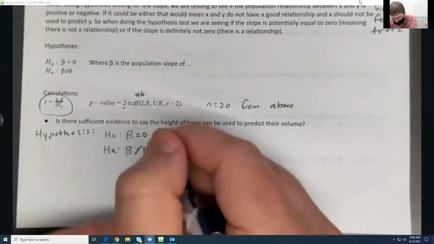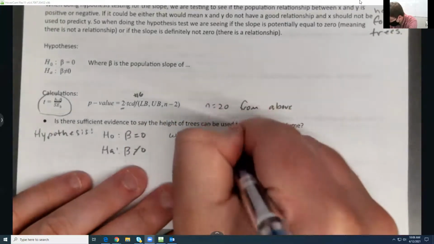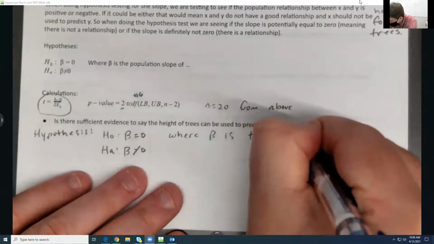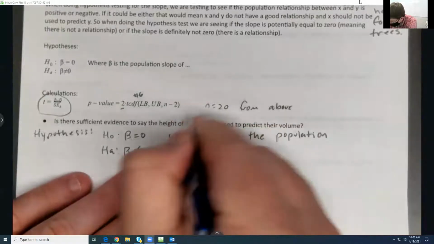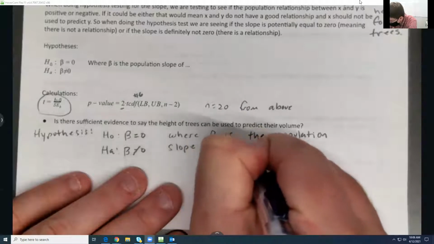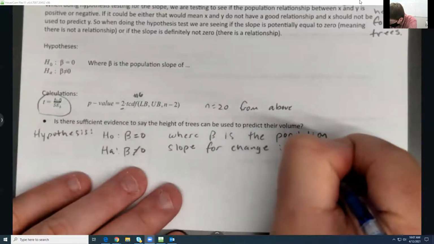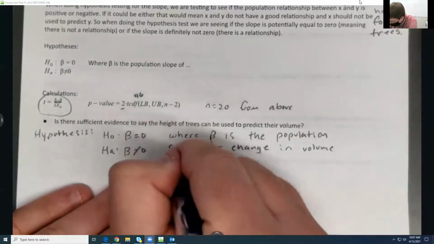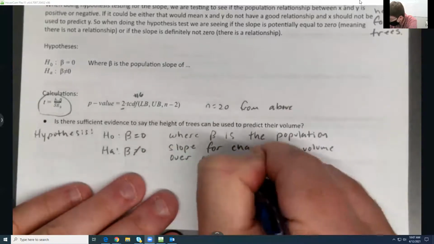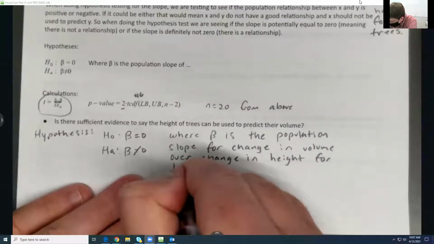All right, let's define what our b is in this case. So we're going to say where b is the population slope for change in volume over change in height for trees.